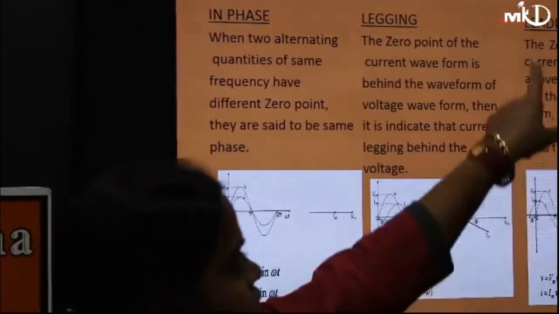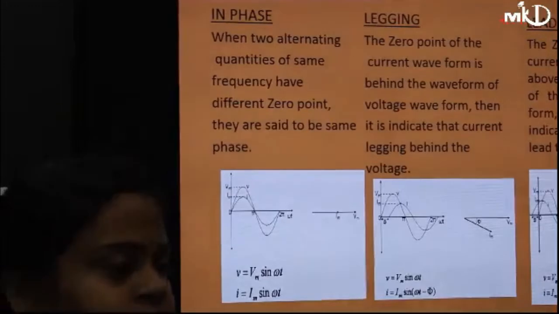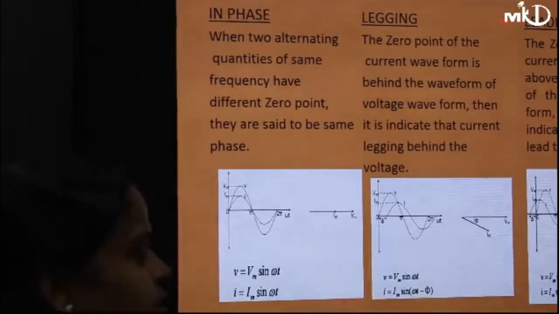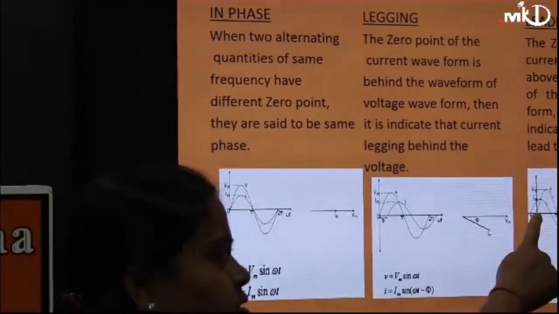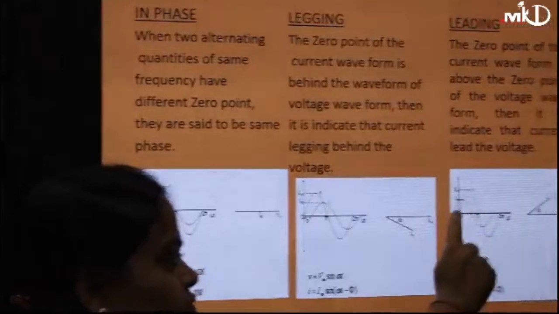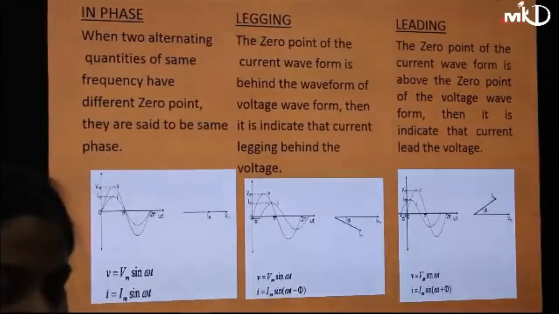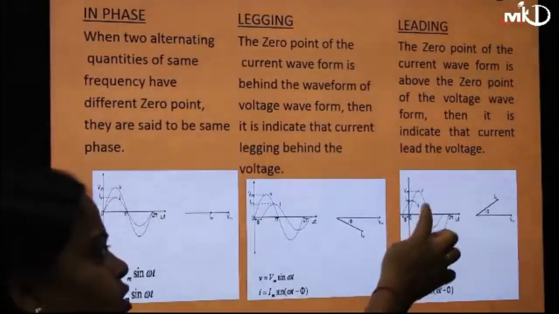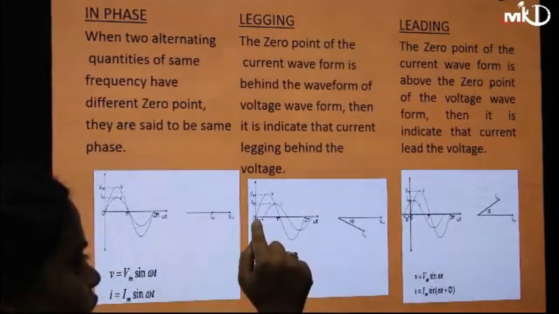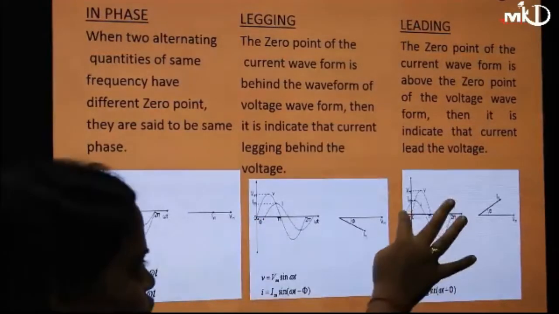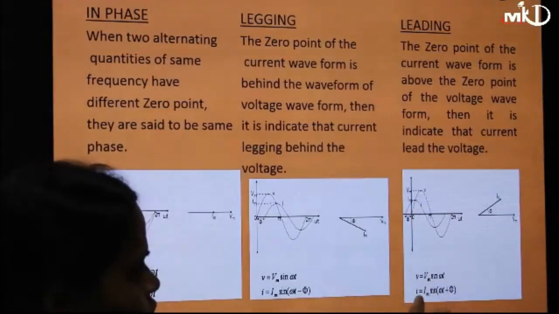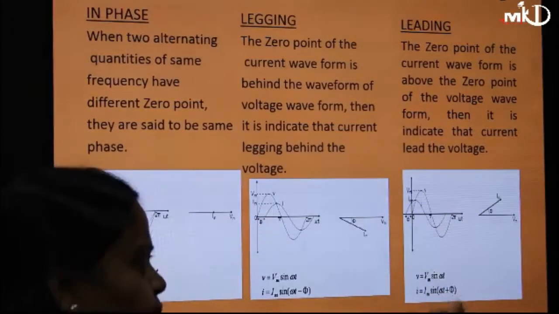Then the leading case is just the reverse of the lagging one. Here we again take V as the reference, V is equal to Vm sin omega t. But I started before V, whereas in the lagging case it started after V. So I is equal to Im sin of omega t plus phi.